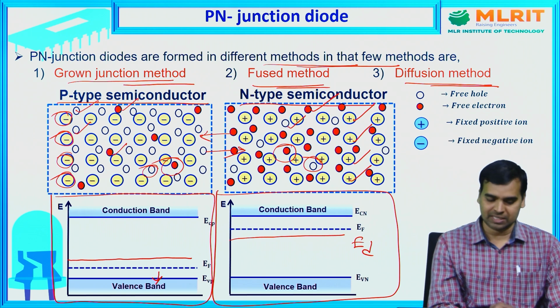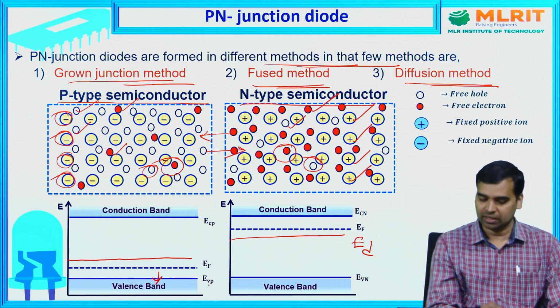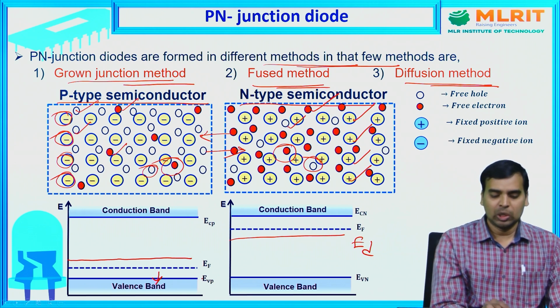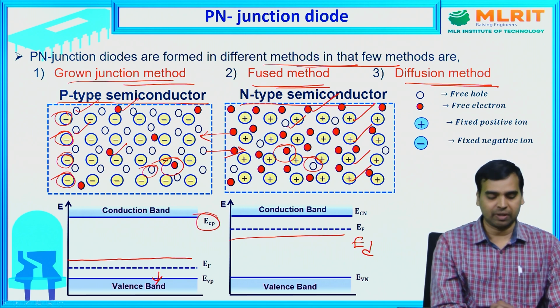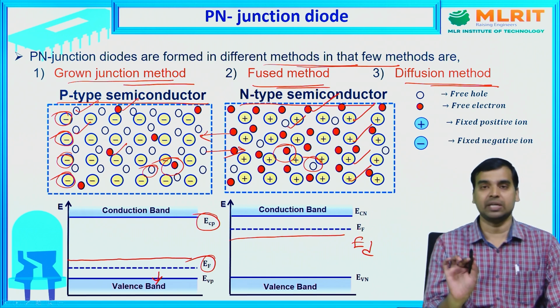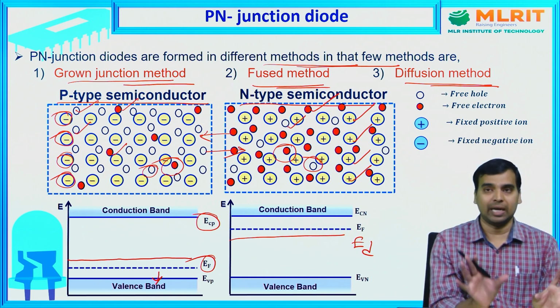I hope you can see the valency band. The higher energy level of valency band I represented as EVP, and the lower energy level of conduction band is ECP in p-type. This is the Fermi level in p-type. The Fermi level in p-type is near to valency band, and the Fermi level in n-type is near to conduction band. These are the energy level diagrams of individual p-type and individual n-type.